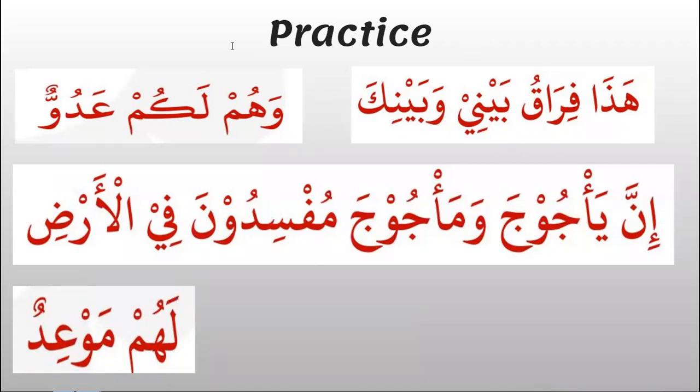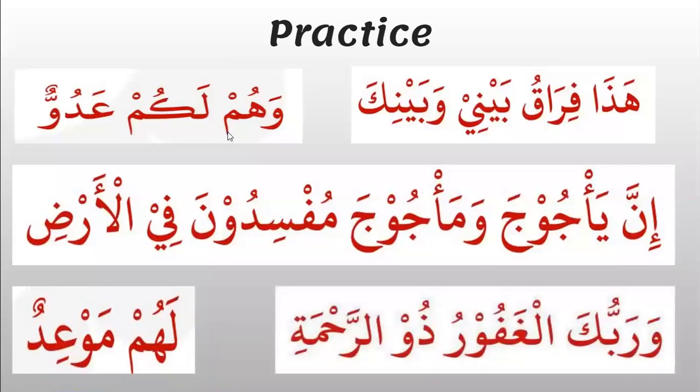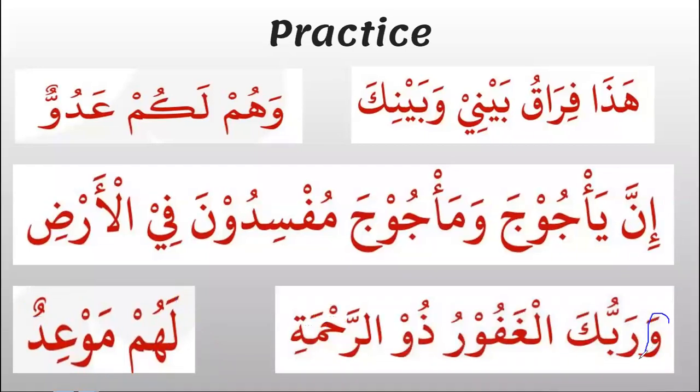Okay. Moving forward. Wa rabbuka al-ghafuru dhu al-rahmati. Why is there an ataf over here? You don't have to worry about it because the wa is not making anything jar here, right? If it were making something jar, it would mean I swear by.